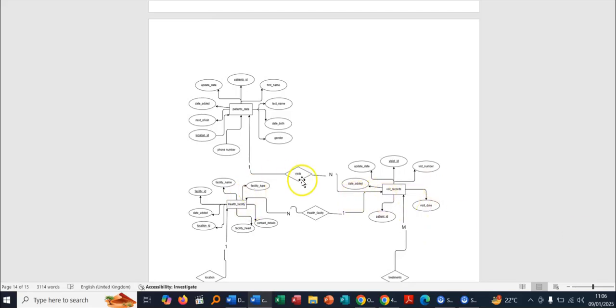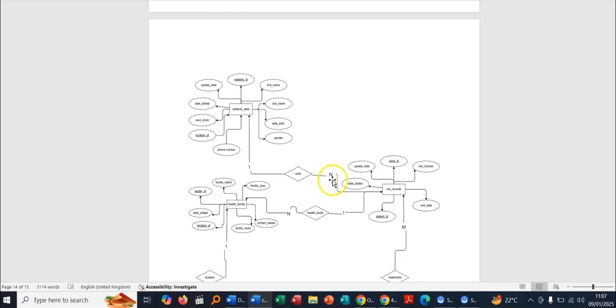The patient data entity with the visit records entity had a one-to-many relationship, represented by this 1 and N. This simply means that one patient can pay a visit and be recorded, and recording can take more than one, from one to many, or one to infinity.